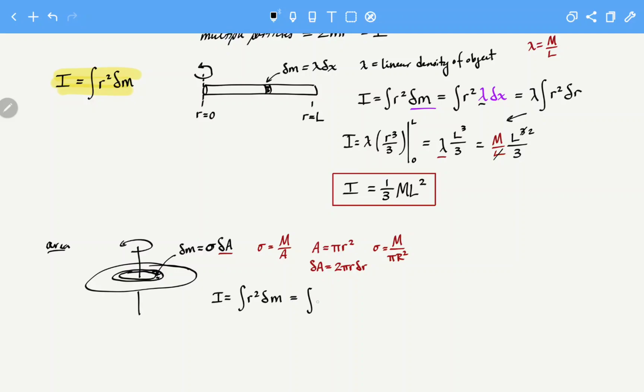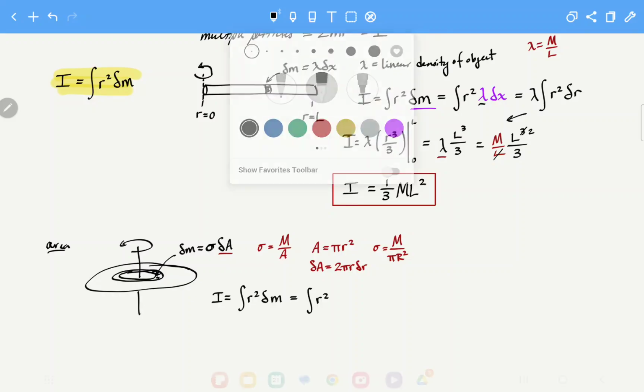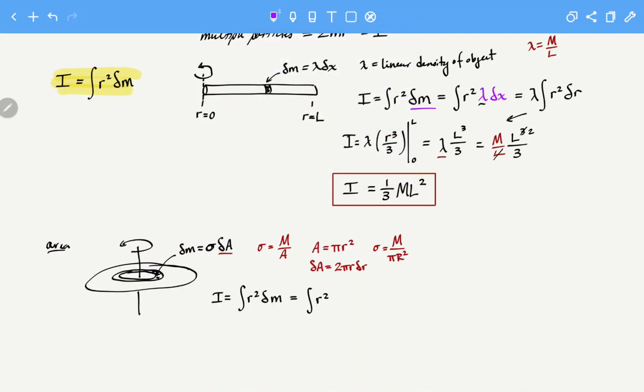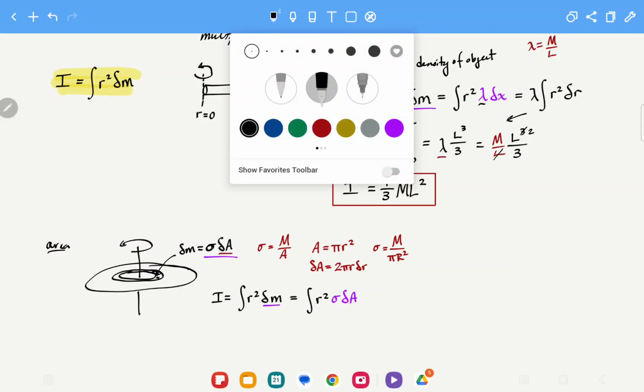So we've got the integral of r squared, and we're going to replace this dm with sigma dA.